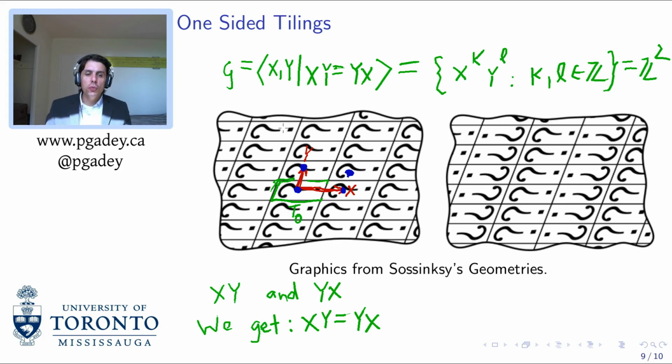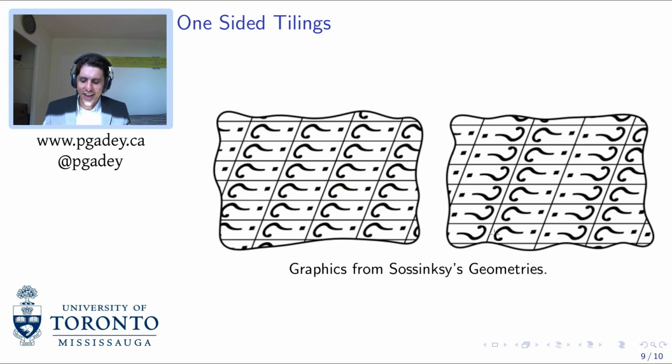So the group of transformations preserving this one-sided tiling is exactly the integers squared. Okay, notice that in our second tiling, we have a little bit more structure. We also have a rotation here by 120 degrees, or sorry, 180 degrees. Okay, so we're going to talk about how to deal with rotational symmetry in class.